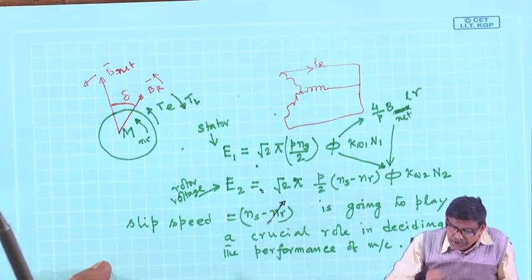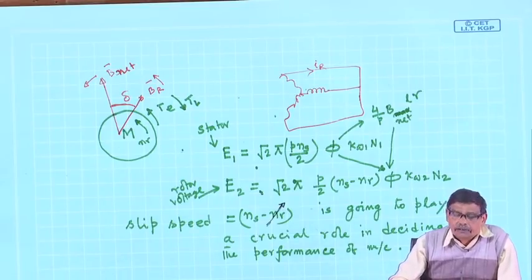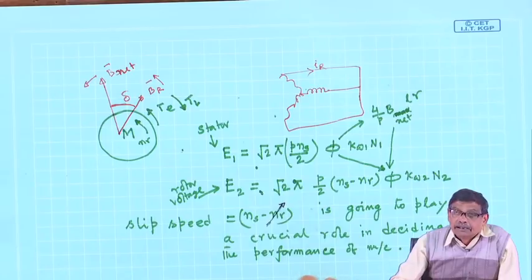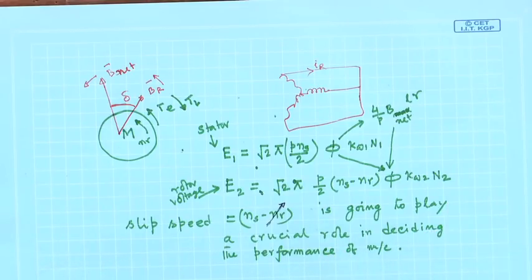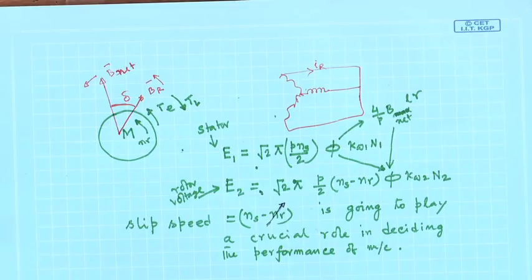We will show that depending upon the mechanical load present on the machine, the n r value is decided, but n r can change. As I have seen when I started the machine, n r was 0, then gradually its speed went up. So, n r changes.